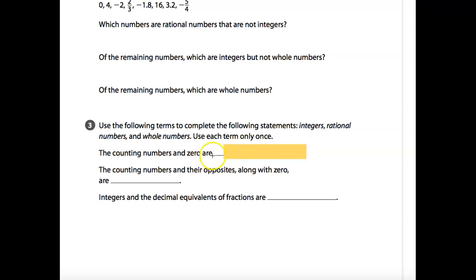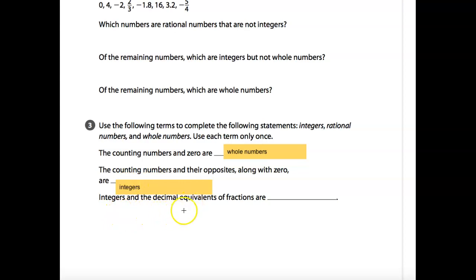All right. The counting numbers and 0 are considered whole numbers. So the counting numbers are the numbers that start with 1 and you just count into infinity. And when you add 0 to that group, that's your whole numbers. Okay? All right, the counting numbers and their opposites along with 0 are called, so you know negative and positive numbers are called integers.